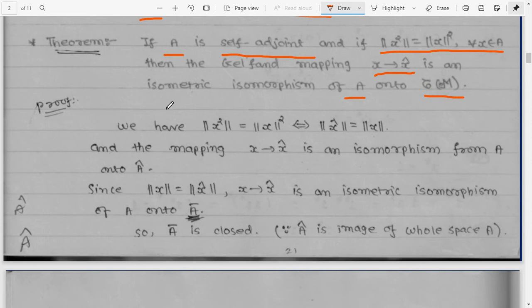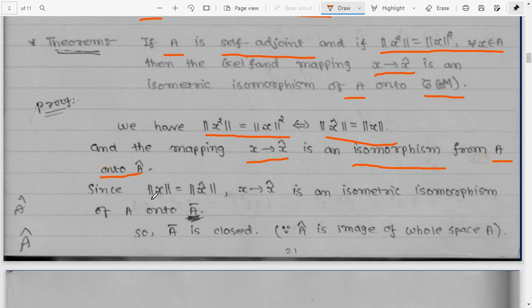Proof: we have norm of x squared is equal to norm x whole squared if and only if norm of x cap is equal to norm x, and the mapping x to x cap is an isomorphism from A onto A cap.